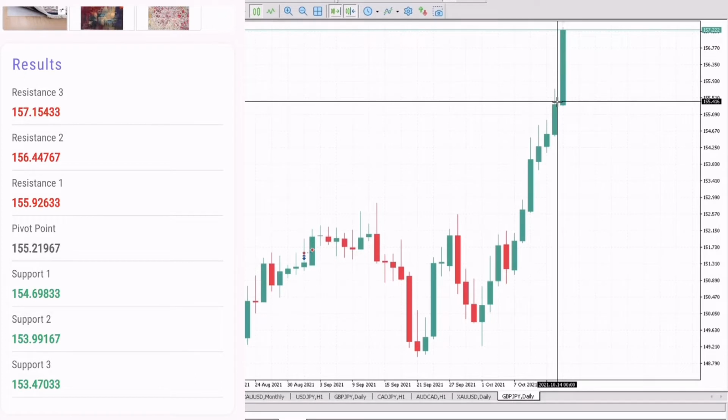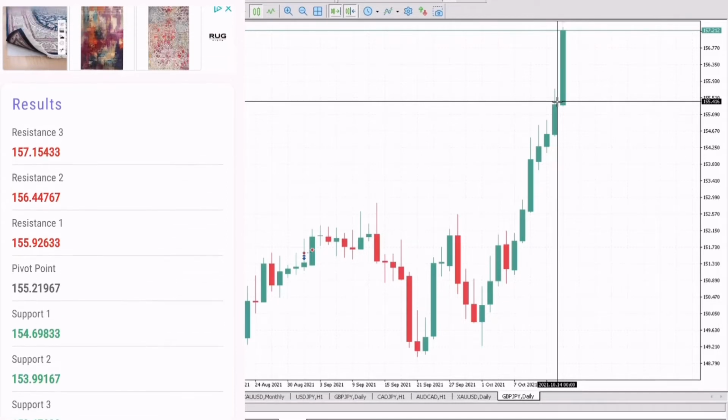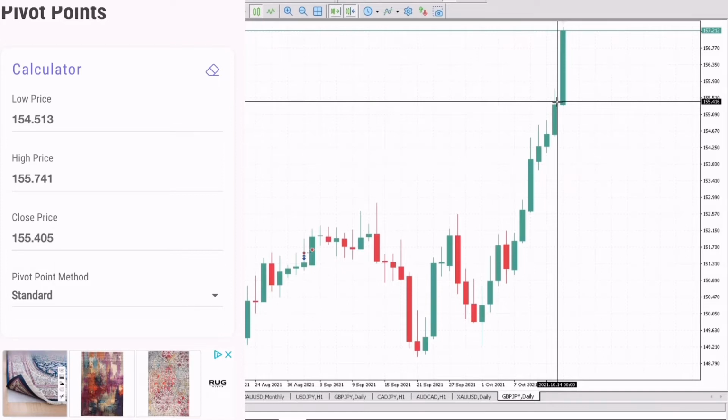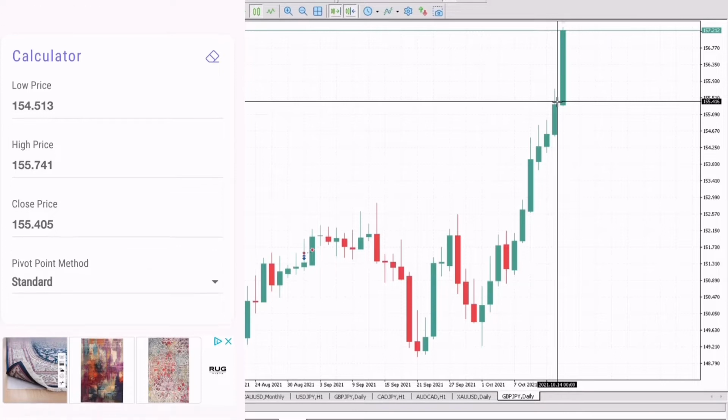Then the app will help you to calculate it. Make sure you put it on standard. So it will give you the calculation. Then you scroll up. Here is your pivot point.